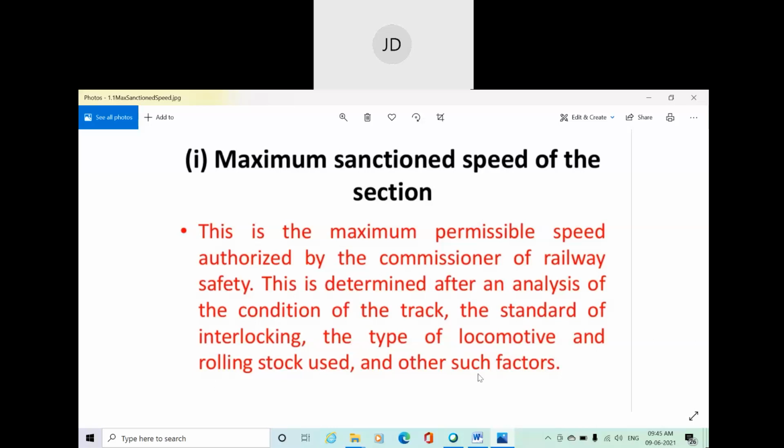So overall, based on the condition and type of the railway track, the type of locomotive, the type of rolling stock, that means the combination of locomotive and wagon, based on the interlocking, which we are going to discuss in the next module, meaning the points and crossings basically, and other conditions of the track, the Commissioner of Railway decides a particular speed of a train over a section. That will be denoted by the maximum sanction speed of the section.